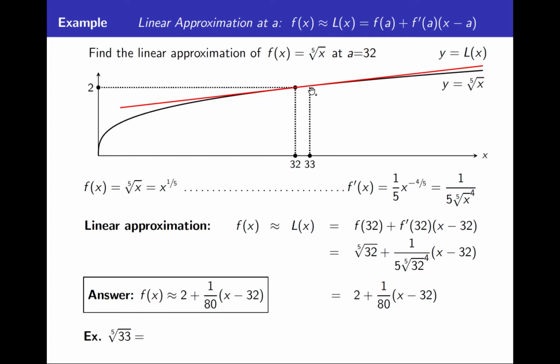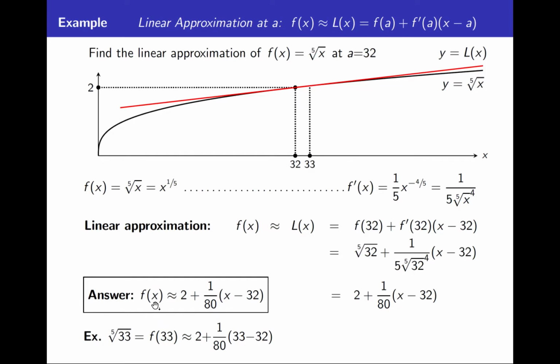But notice that from the picture here, although we can't work out f of 33, the fifth root of 33, in our heads, we can work out L of 33. And that's very, very close to the fifth root of 33. So in terms of this picture, the fifth root of 33 is f of 33.